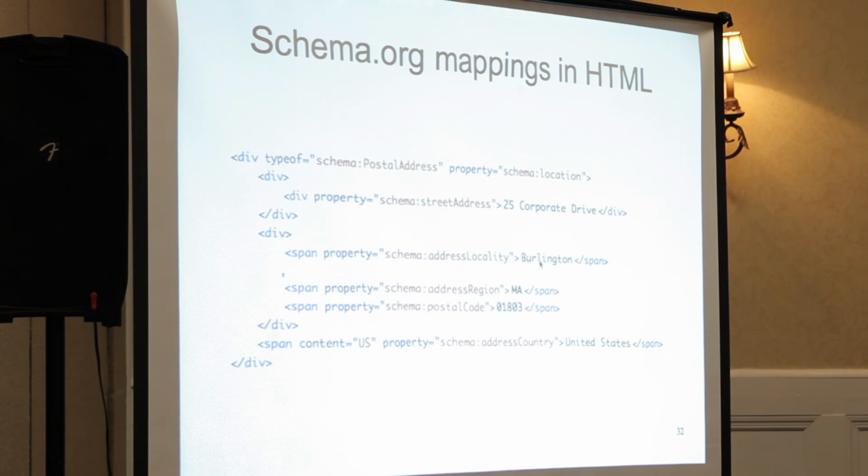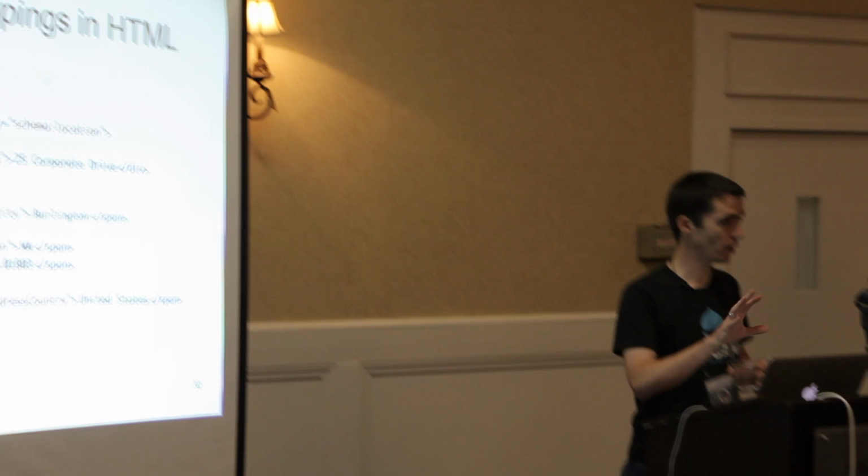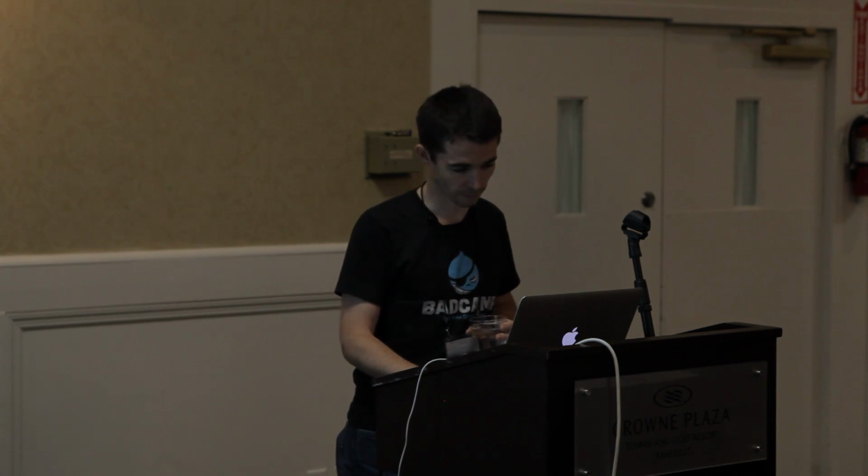And that Burlington, that's the addressLocality. So all of those schema strings are defined on schema.org. And this is not really something you have to worry about. It's built into the Schema.org module. And you just set the mapping in your UI, and this gets added automatically in the HTML.